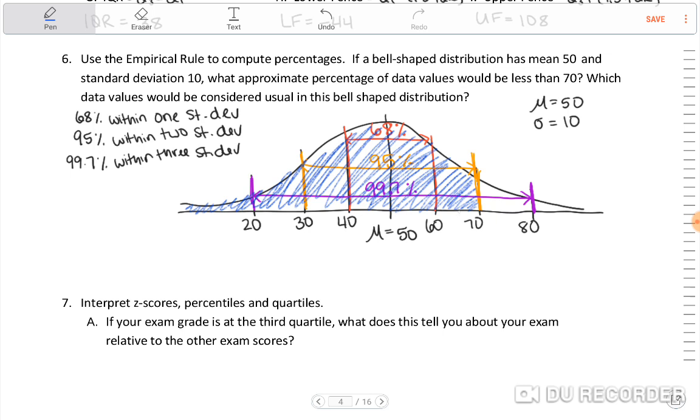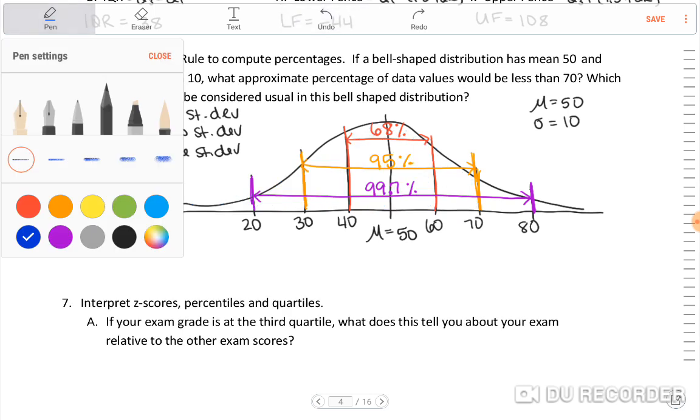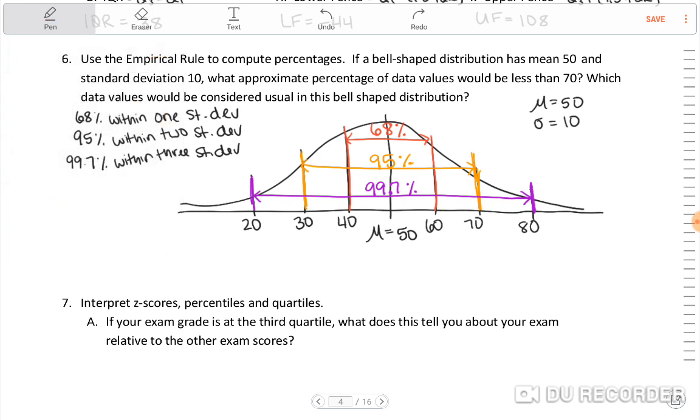So I know that here from 30 to 70, that's 95% of my data, right? So let me undo my shading so that we can see this picture a little bit better. One of the best things about having this tablet, I can do that. Okay, so from 30 to 70, that's 95% of our data, which means what's left on the outside?